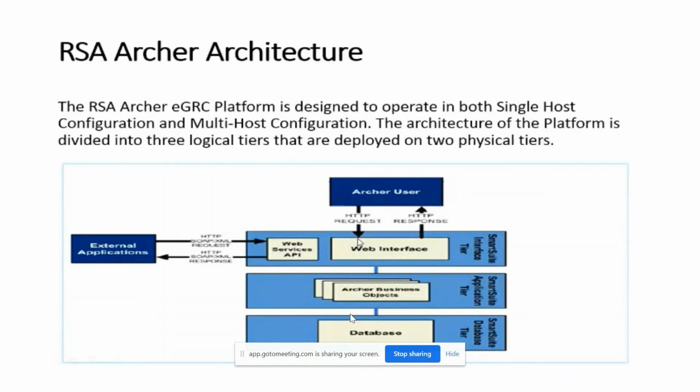You can't directly write data in the database either. That is why they recommend we use the web services API if you want to push or pull the data. So this is the architecture of RSA Archer. It's a basic architecture that most web applications use.